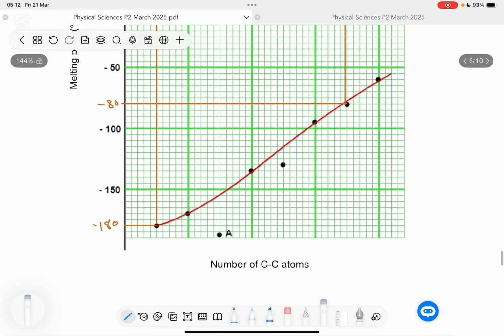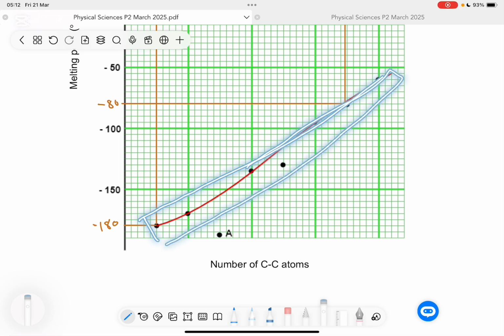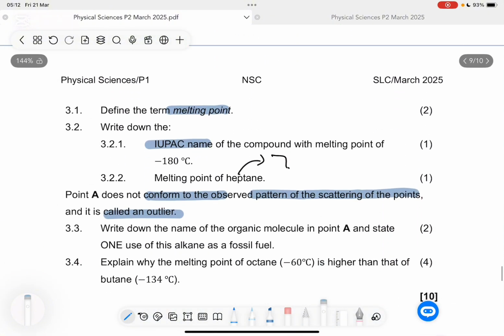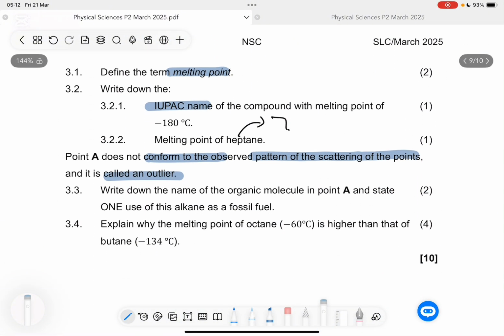I think you should be able to do that, especially because you've done experiments and you have interpreted graphs before. We already said that we have an observed pattern here. The scattering of our numbers are going up like that, but A here is an outlier, does not conform or follow that pattern, and we call that an outlier, right? Okay, let's see what question they are asking us around that.